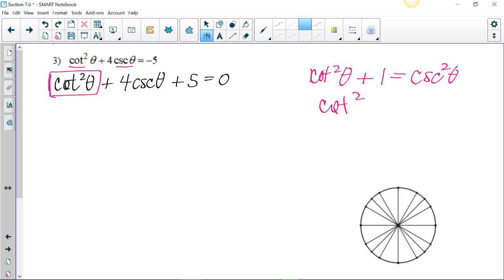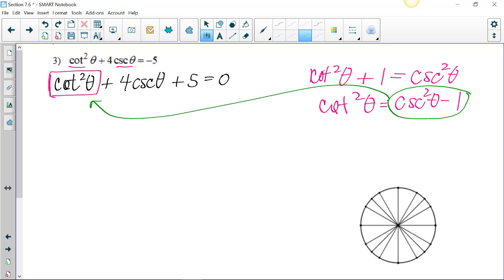So I have cotangent squared theta would be equal to cosecant squared theta minus 1. So where I see cotangent squared, I can now replace it with cosecant squared theta minus 1. So I can do a substitution here. All right, so I've got cosecant squared theta.